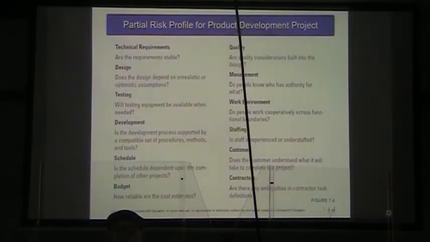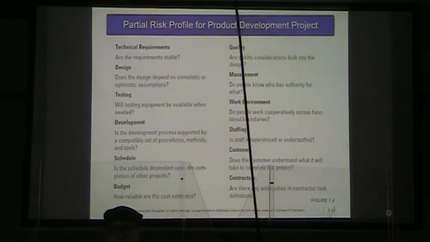In other words, are they going to be shifting during the project because we find out we can't do certain things or certain resources won't be available? Our design. Does our design depend on unrealistic or optimistic assumptions? Well, sometimes that's going to be the case, but we should build that into our risk profile.